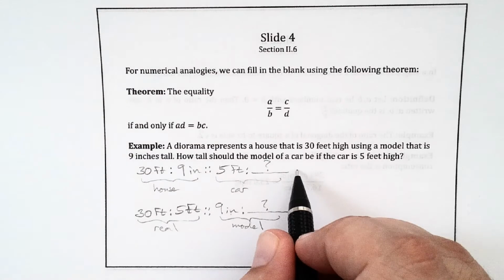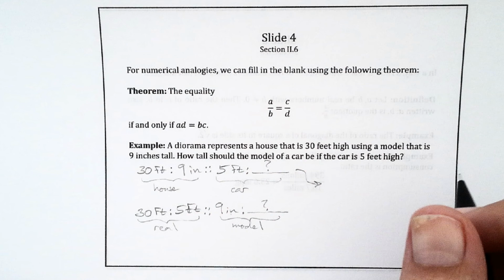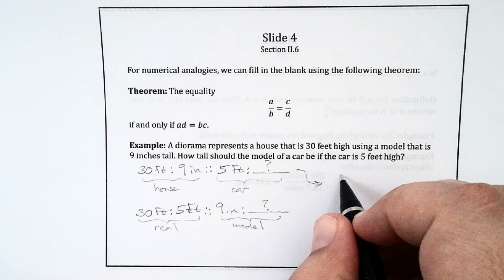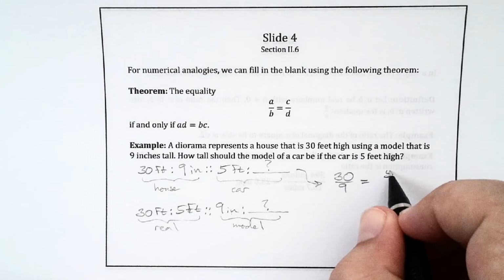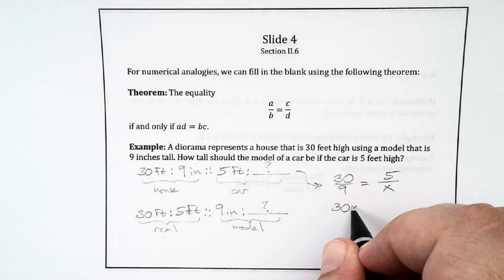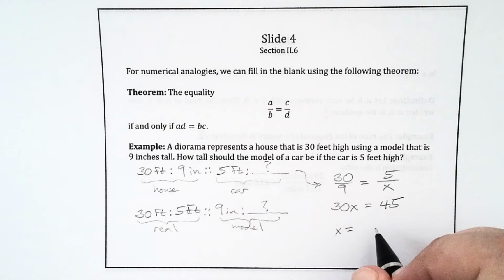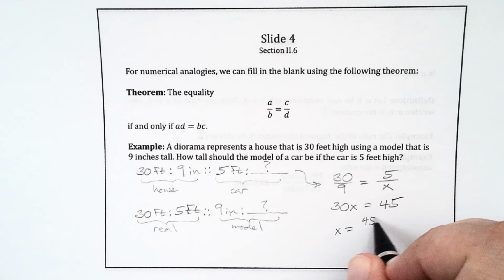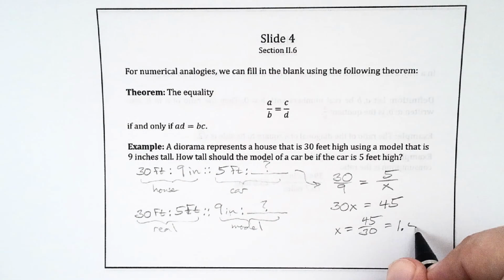So if I use this first one, I get this proportion 30 over 9 is 5 over x. Okay, cross multiply. 30x equals 45. So x is 45 over 30, which comes out to 1.5.